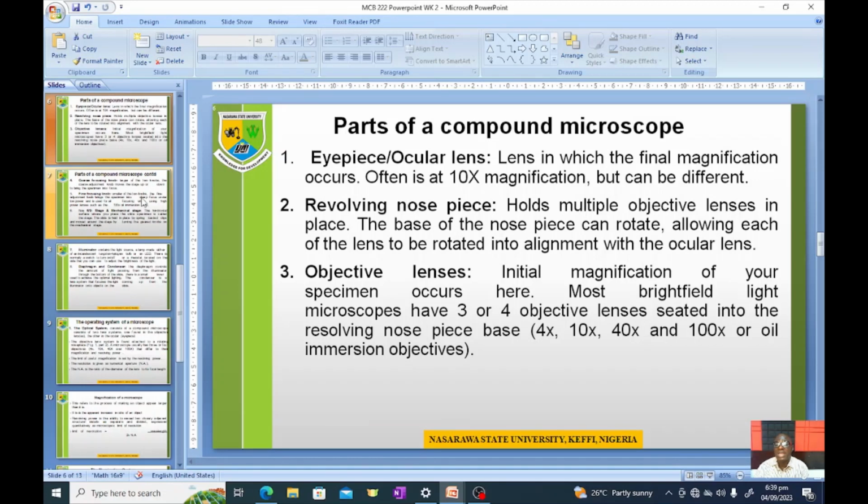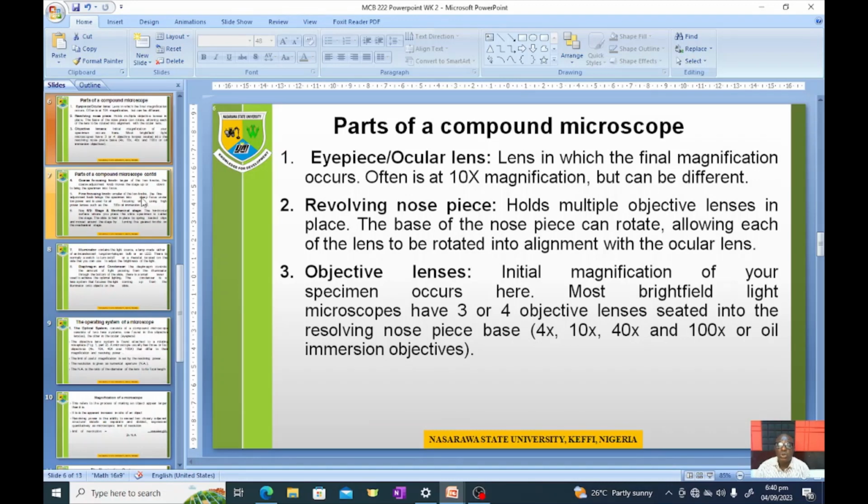So when you multiply the two, it gives you the total magnification of the sample under view. So if you are using a times 10 ocular and a times 10 objective, you are having 10 times 10. It means the object is magnified 100 times its original size.